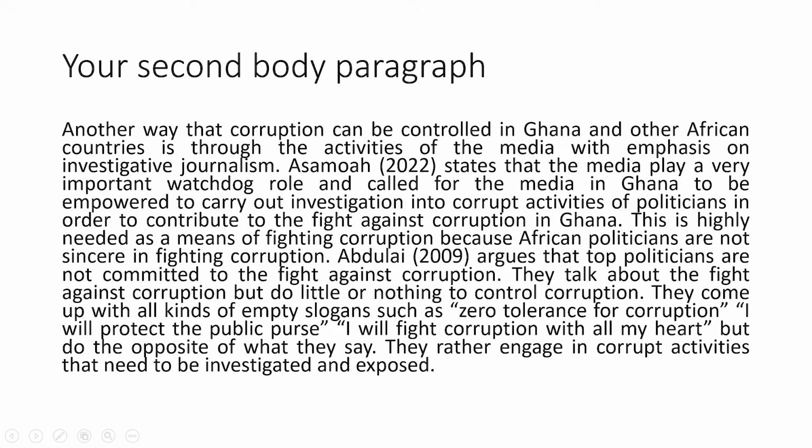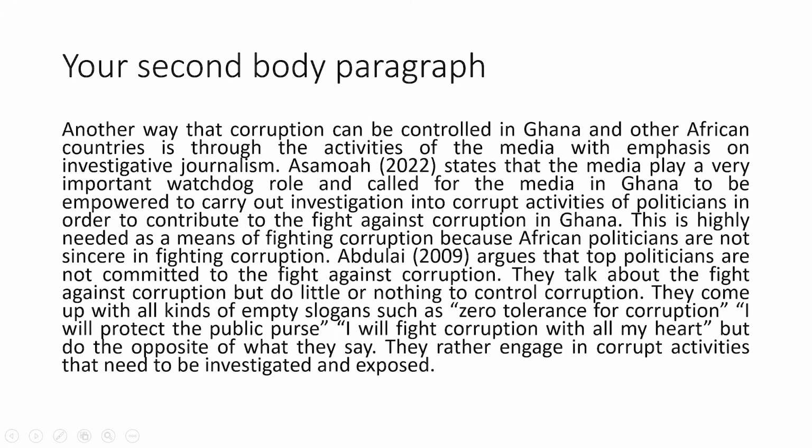So the writer begins this paragraph by indicating another way that corruption can be controlled in Ghana and other African countries is through the activities of the media with emphasis on investigative journalism.